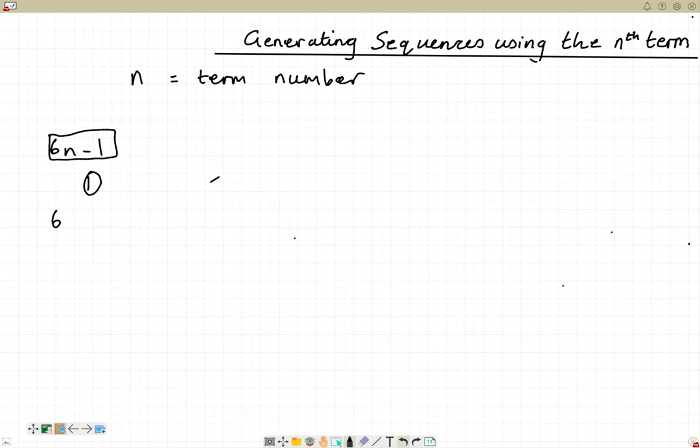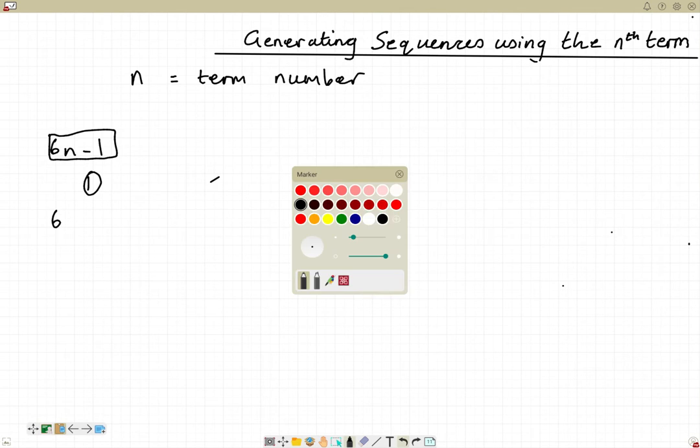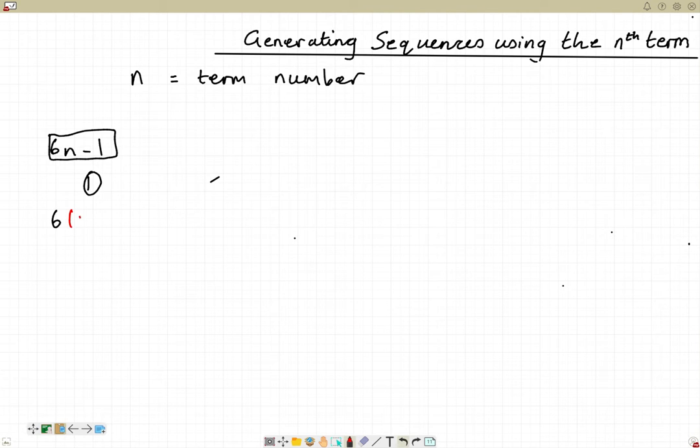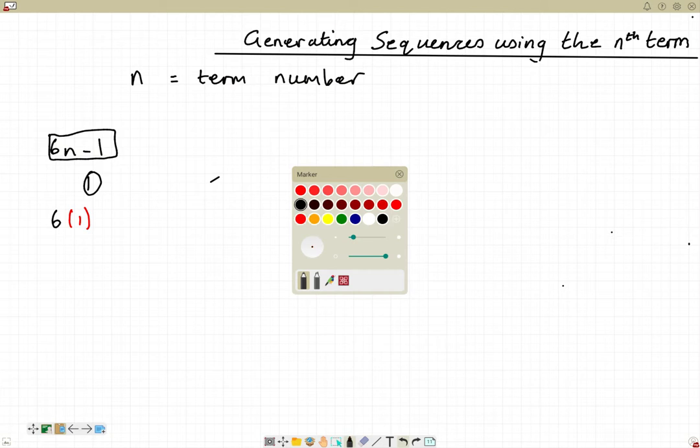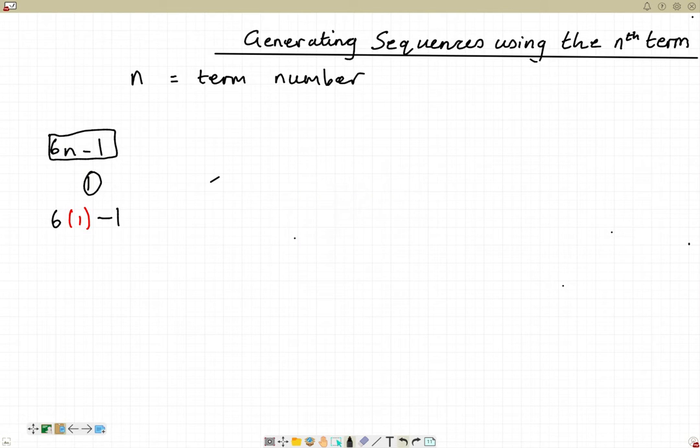So 6, substitute in the 1 instead of the n, take away 1. Okay, so 6 times 1 is 6, take away 1 gives me 5. So the first term of this sequence is 5.